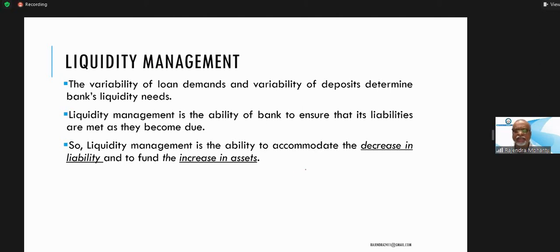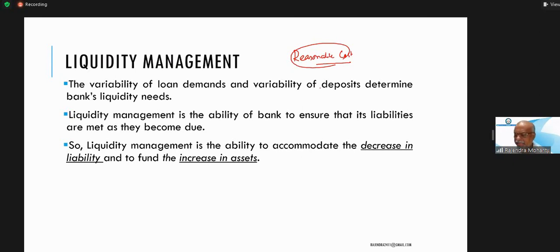So at that time you are increasing the liability to get the fund, or you can convert some liquid asset which is held by the bank so that it can be converted to cash. Both at a reasonable cost. So that is the thing, reasonable cost. Because at high cost, anybody can go to the market and borrow. But that is not desirable because it is going to eat away your profit.